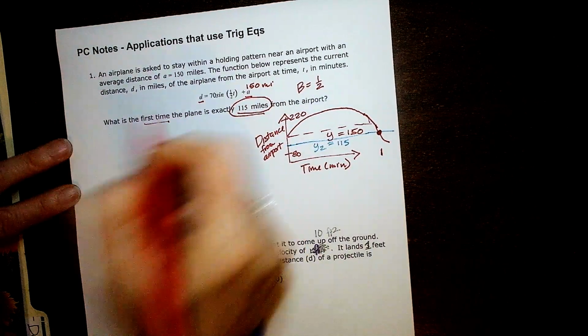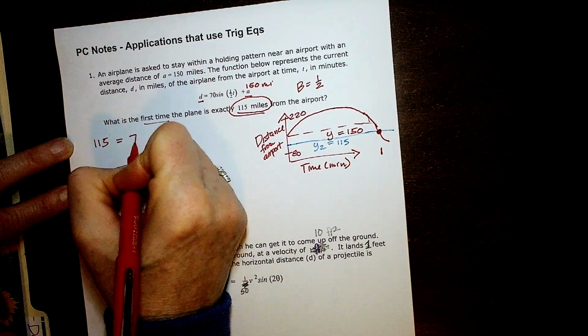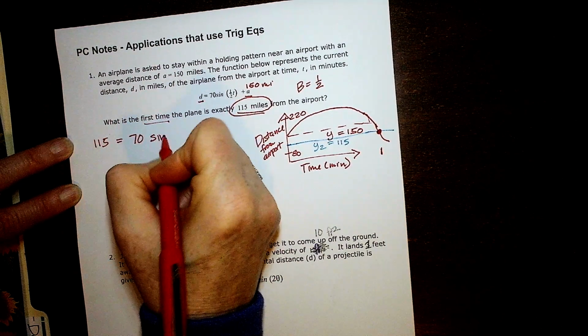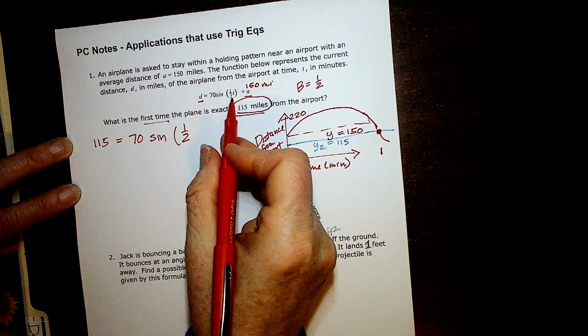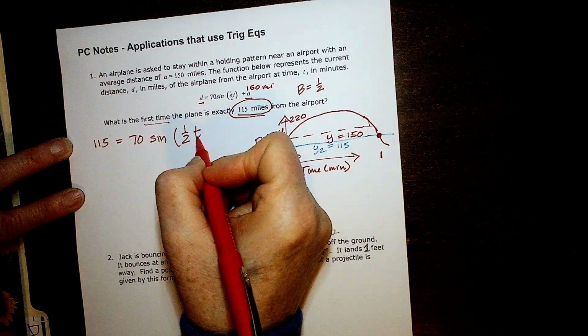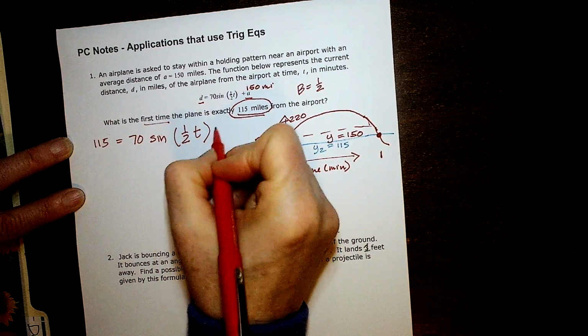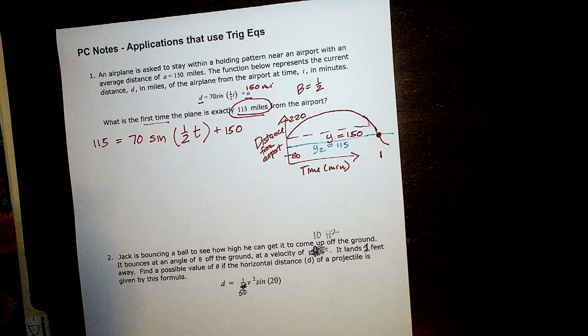So it's telling me that d is 115. So I say 115 equals 70 sine 1/2 theta, or x, or it's t because it's a word problem, but it's operating like theta, plus 150. All right, so I've sketched my situation out.